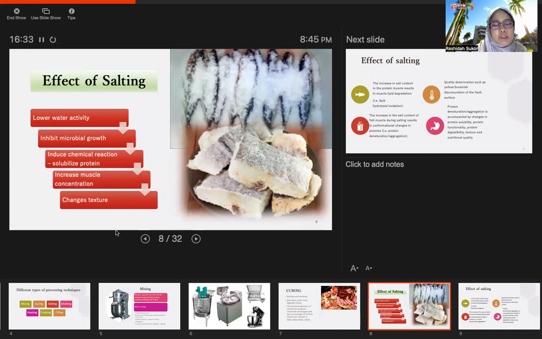So when you add salt, it will increase the ionic strength of the solution, and then protein will become more solubilized. It will also increase the muscle concentration. Other than that, it will also change the texture of the product.